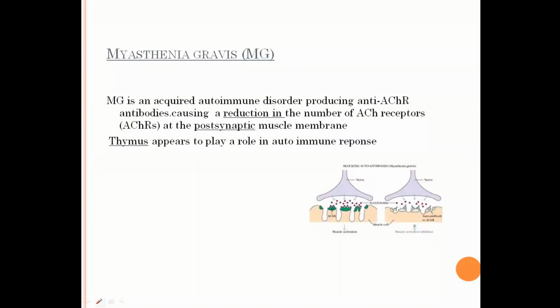But now, with the advent of ventilators, patients of myasthenia should never die, unless ventilators are not available when they have respiratory paralysis. So, what is myasthenia gravis? It is an acquired autoimmune disorder where acetylcholine receptor antibodies are produced.